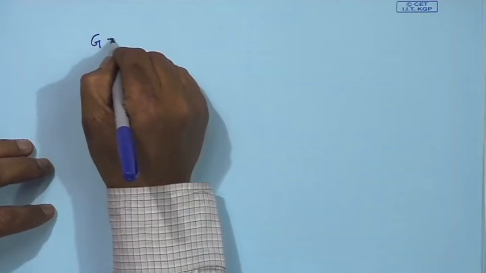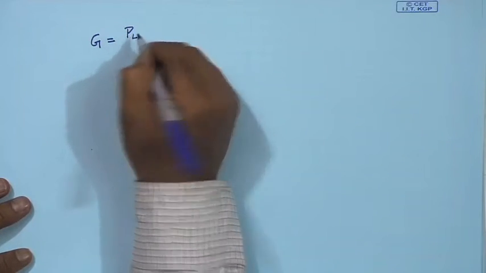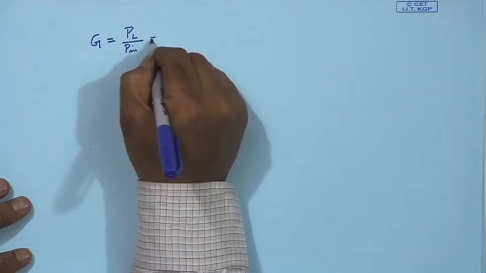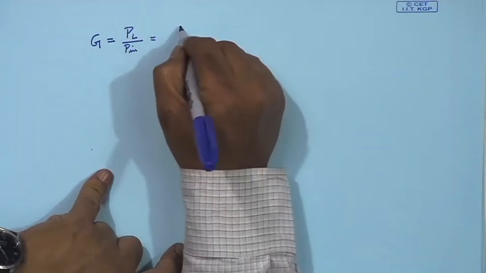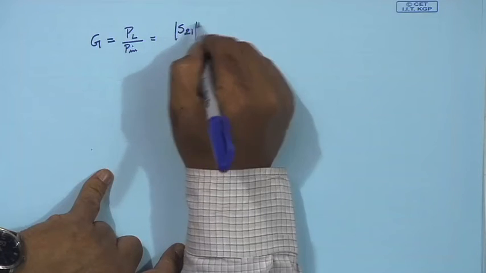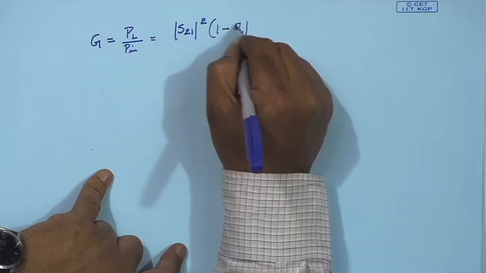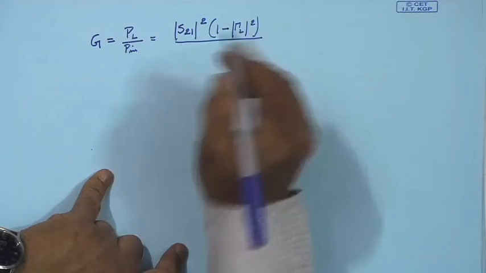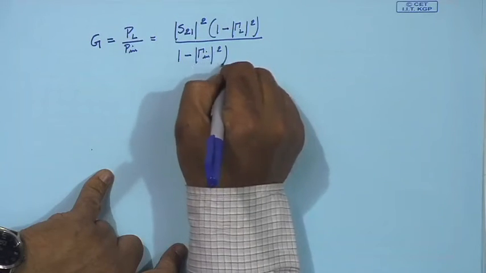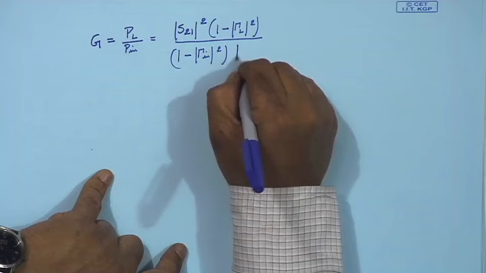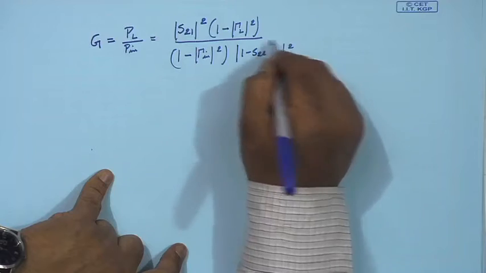So G, we know that G is equal to PL by P in, and if we put those expressions that we derived, then we can write it as S21 square, 1 minus gamma L square by 1 minus gamma in square, 1 minus S22 gamma L square.